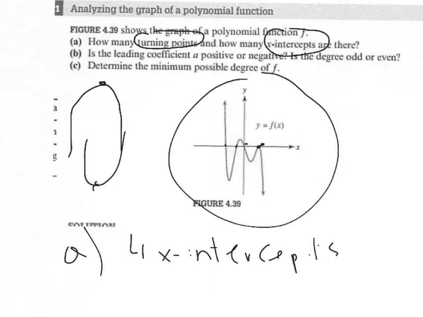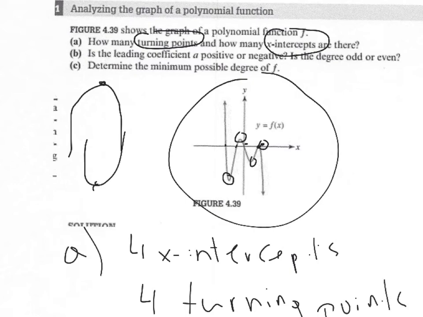In this case we have how many turning points? One is here, one is here, one is here, and one is here. So the answer is we have 4 turning points.